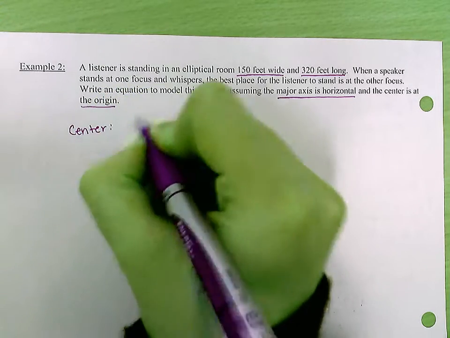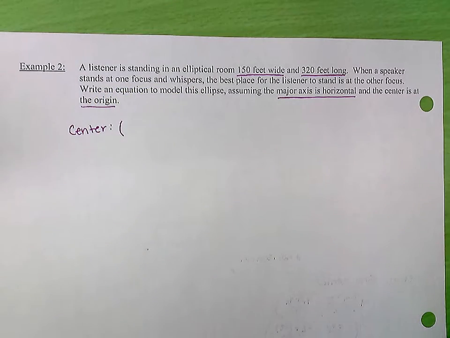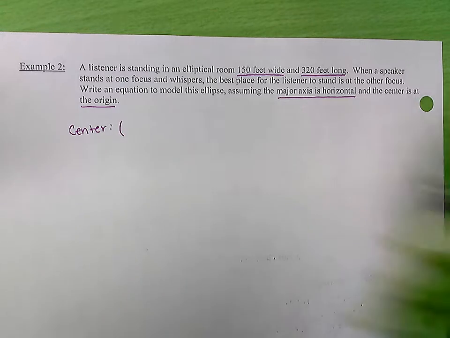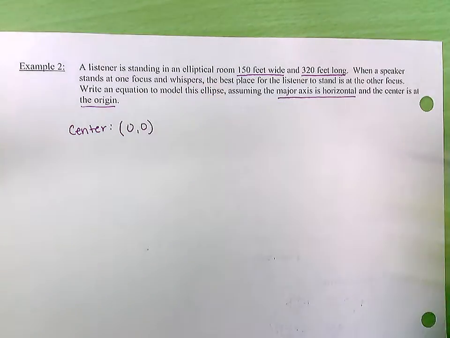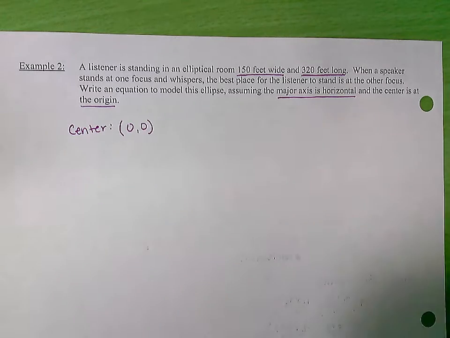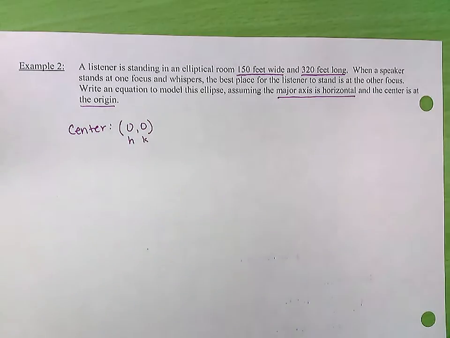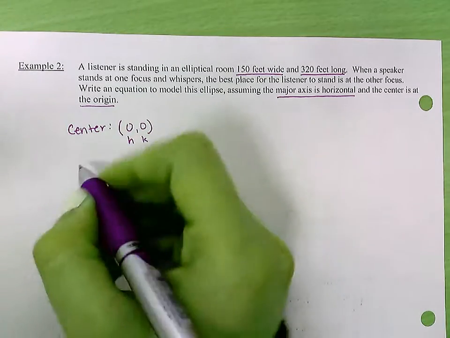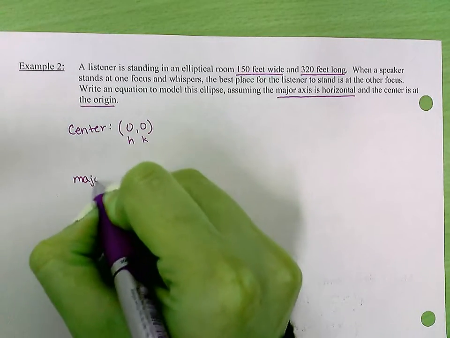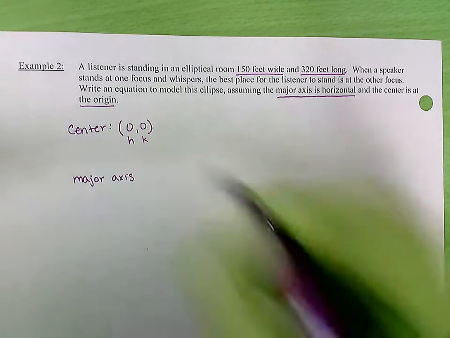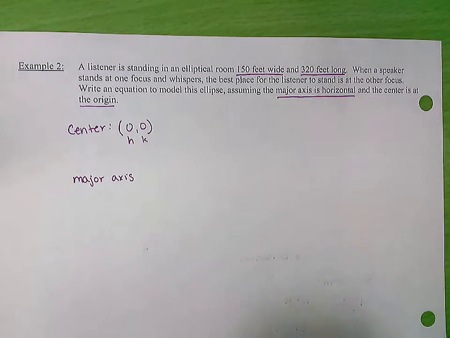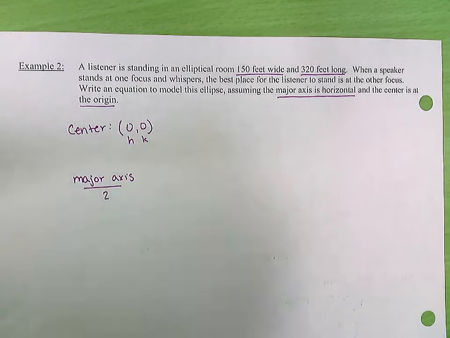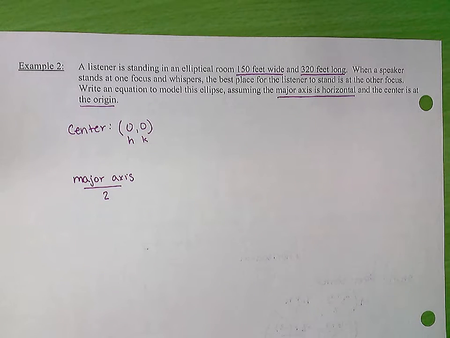Okay, so your center is at 0, 0, since it's at the origin. That's your H and K. Okay, so I found the center. Next I need to find A and B. To find A, you're going to take your major axis, since that's what we were given, and divide it by 2.